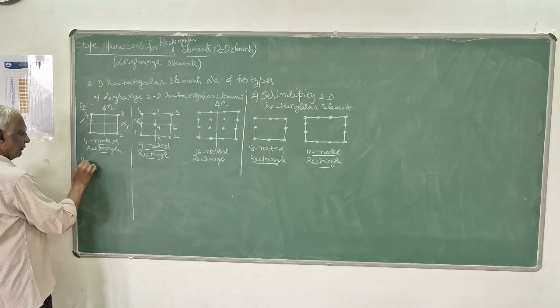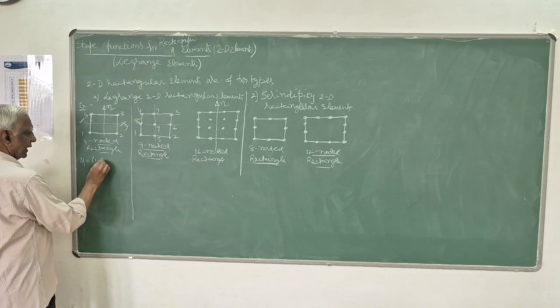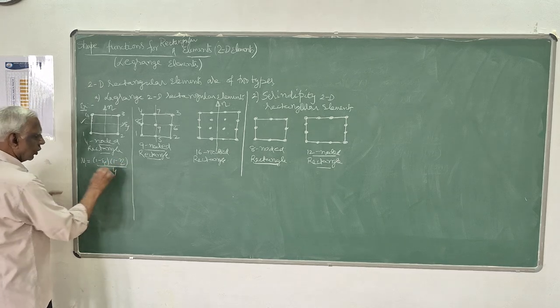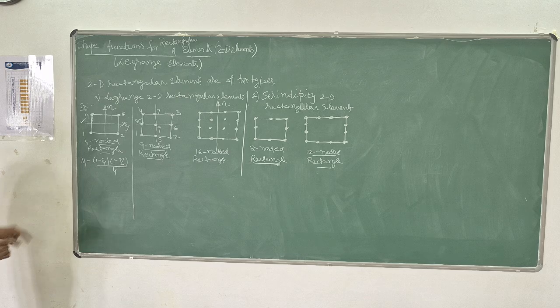You have N1 is equal to (1 minus psi)(1 minus beta) divided by 4 for this 4 nodal rectangle.